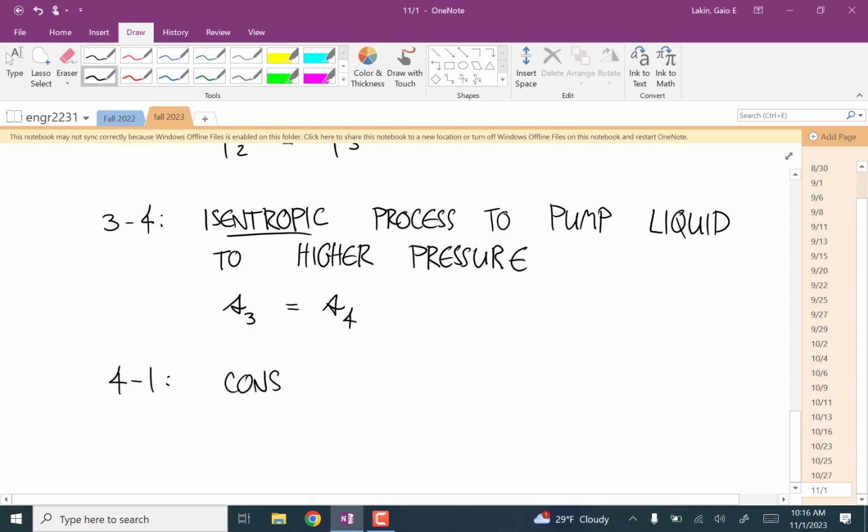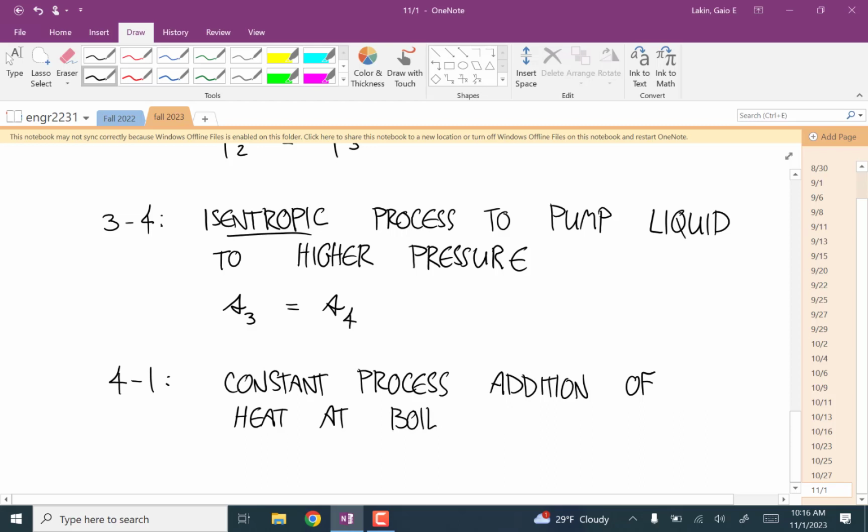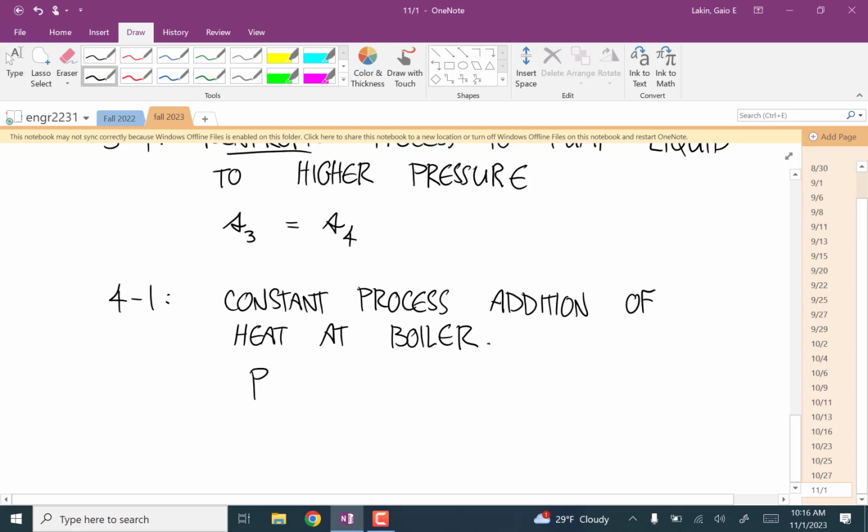It's a constant pressure addition of heat at the boiler. So P4 has to be equal to P1.